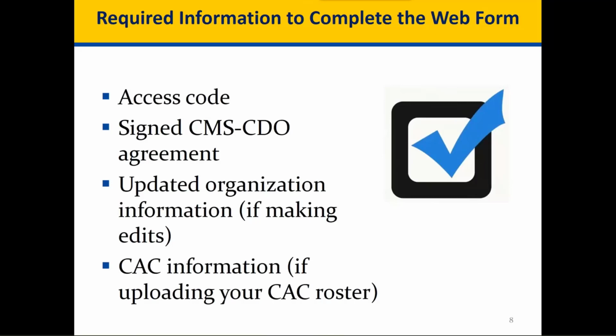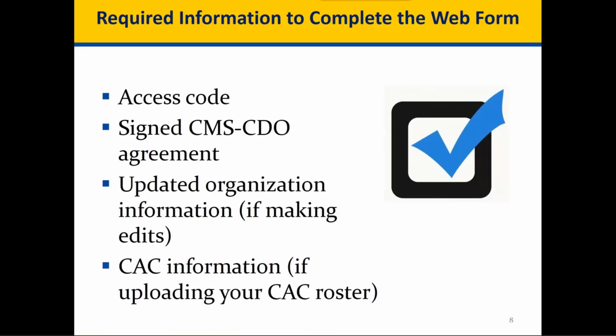If you are uploading a signed CMS-CDO agreement, make sure the file you are uploading is complete, that it includes pages 1 through 12, is in PDF format, and is signed and dated by your organization's senior official.